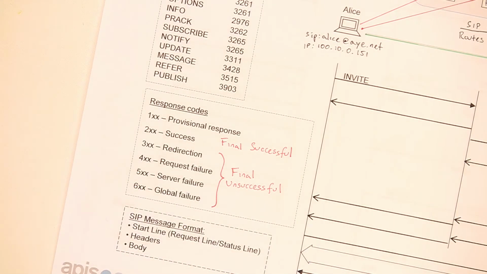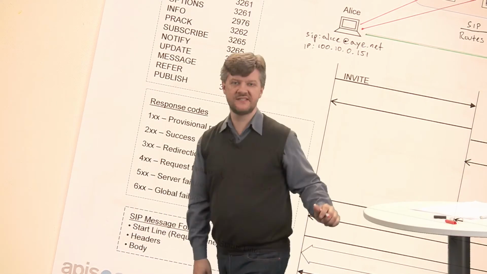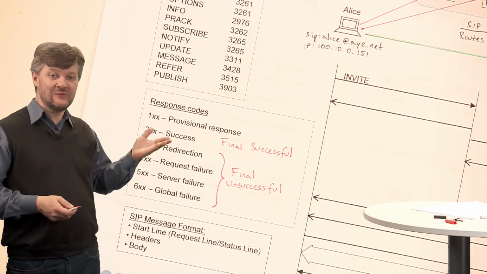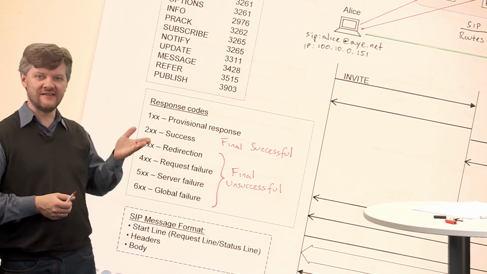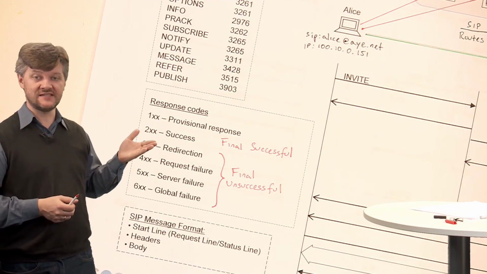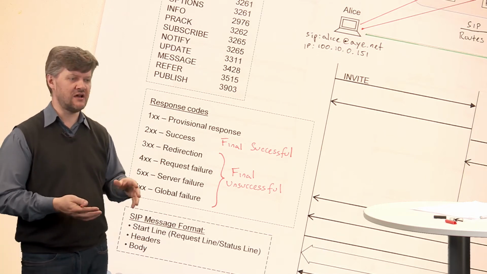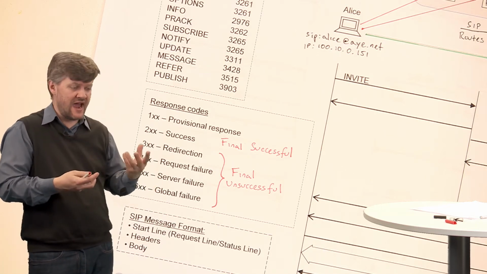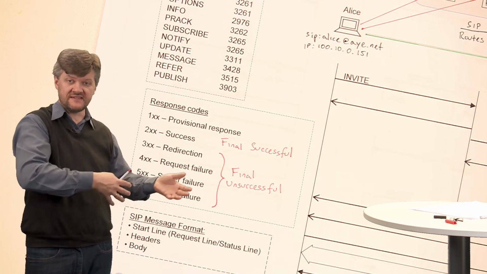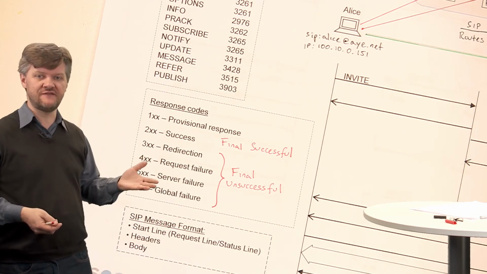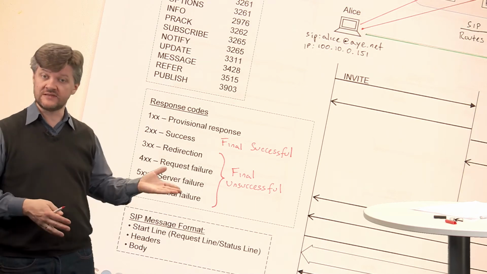You can even see that they are in ascending order of unsuccessfulness. In a way, it becomes worse and worse, is what I'm saying. We have the 200s, which are success. Then we have redirection. That's, I can't find Bob here, but I actually have another address. He has a forwarding address, so there is a little bit of hope. Then we have request failure, server failure, global failure, which sounds like the end of the world.